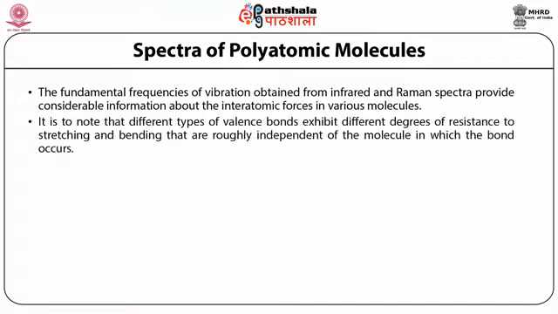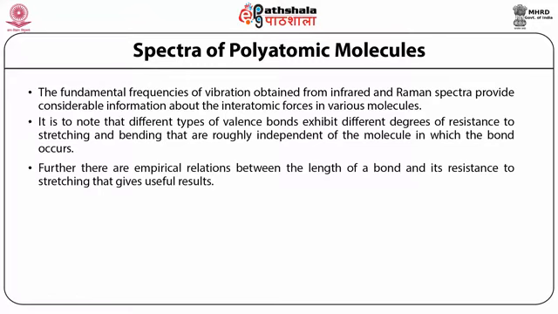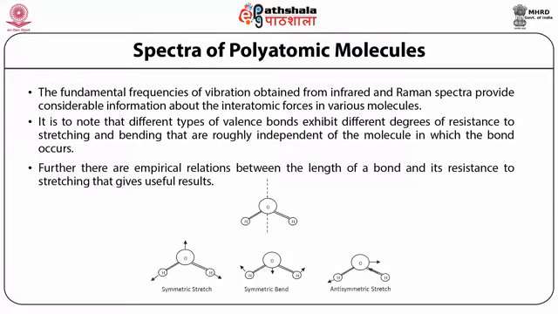It is to be noted that different types of valence bonds exhibit different degrees of resistance to stretching and bending that are roughly independent of the molecule in which the bond occurs. Further, there are empirical relations between the length of a bond and its resistance to stretching that give useful results. The figure shows the symmetric stretch, symmetric bend and antisymmetric stretch in the case of the water molecule H2O.